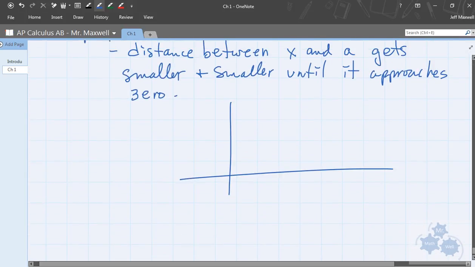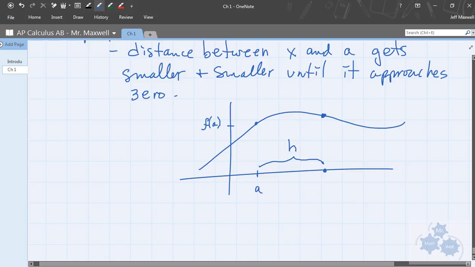Looks like this. We'll draw a similar sort of function here. And this is A. This is f of A. Okay. This point over here, we're not going to call it x. We're going to call it another point that is a certain distance away from A. And that distance we're going to call h.